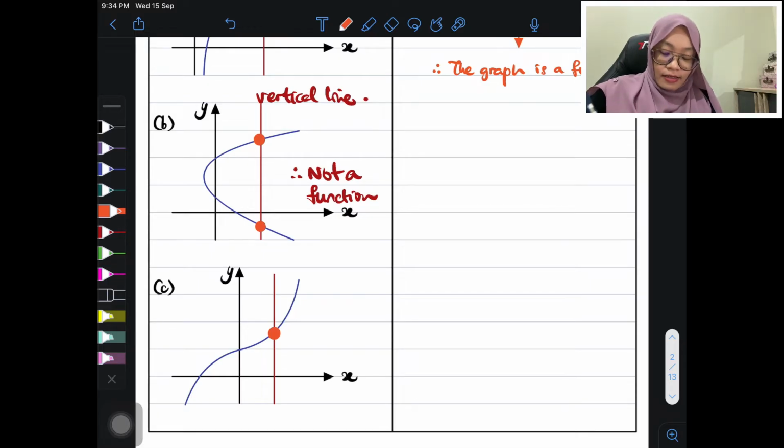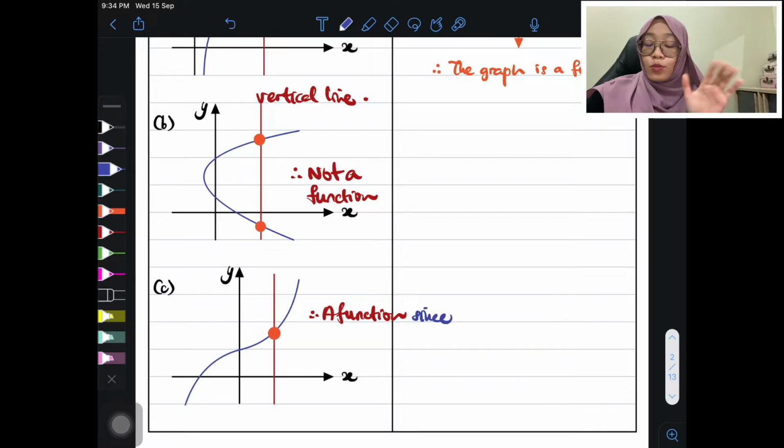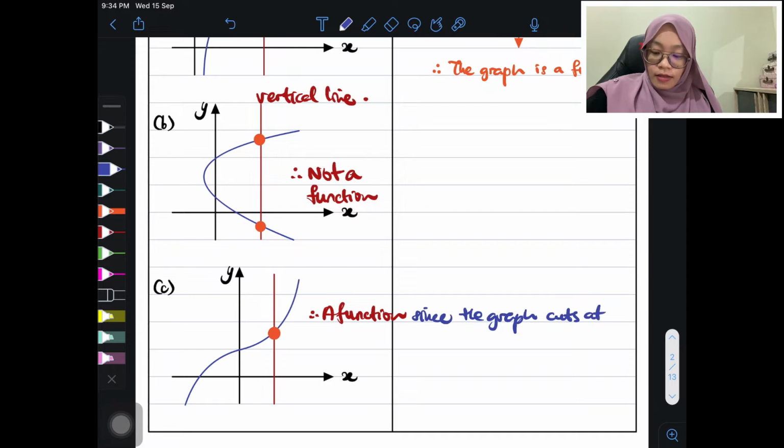So this is a function. This is a function since, you can make the conclusion in your own words actually, since the graph cuts at only one point. That's all. As easy as ABC, how you make the conclusions.